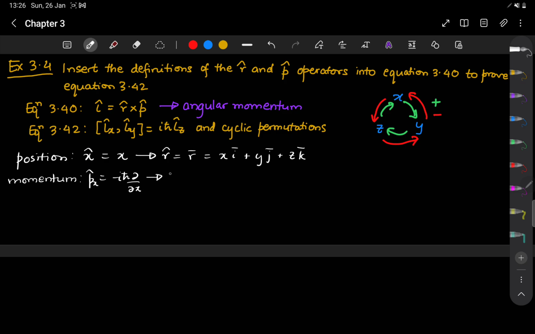And again, the 3D analog of this would be minus iħ del, which is the gradient operator. And this is simply, if I write it down in the component notation, del by del y along y and del by del z along z.